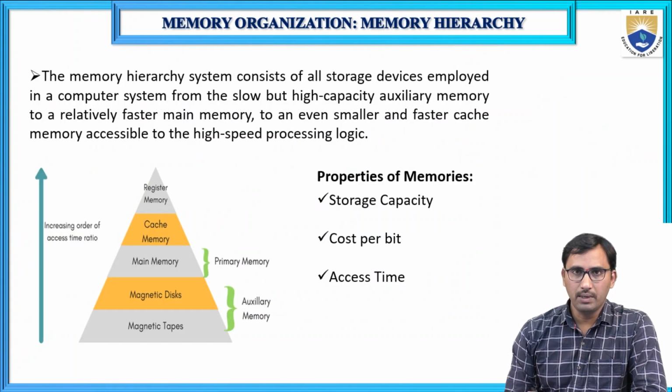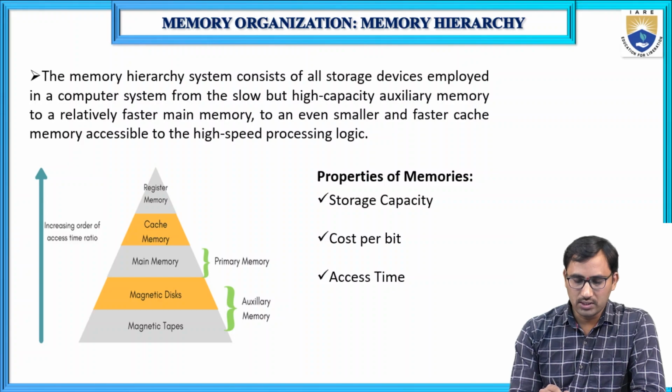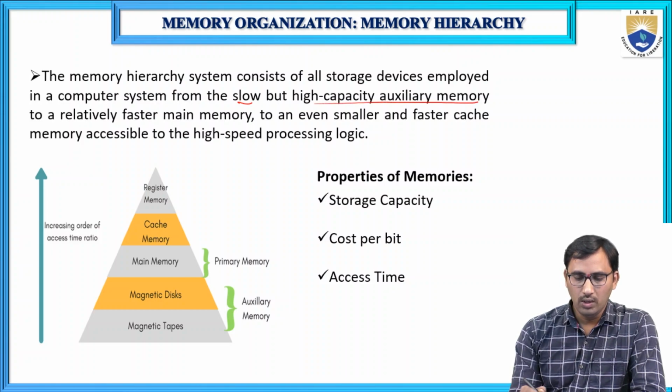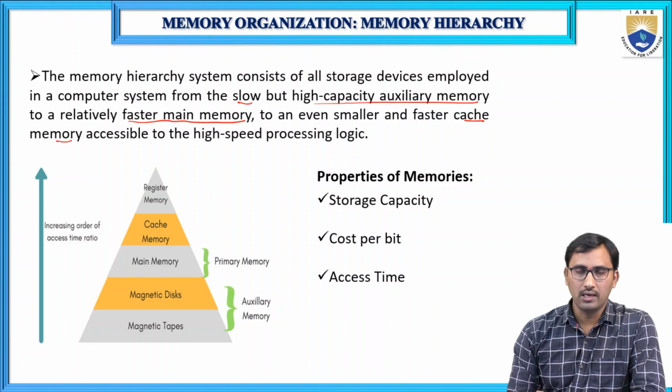And coming to the memory hierarchy system, it consists of all storage devices employed in a computer system, from slow but high capacity auxiliary memory, to relatively faster main memory, to an even smaller and faster cache memory accessible to the high speed processing logic.